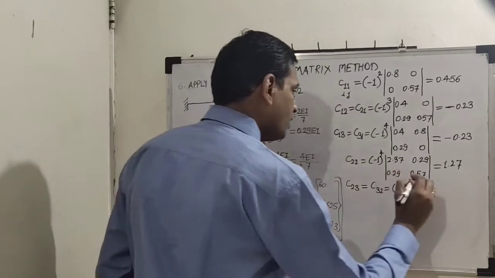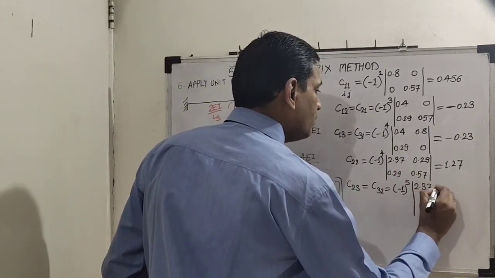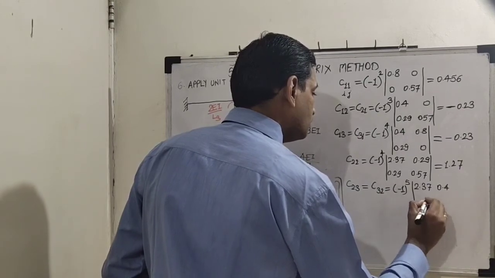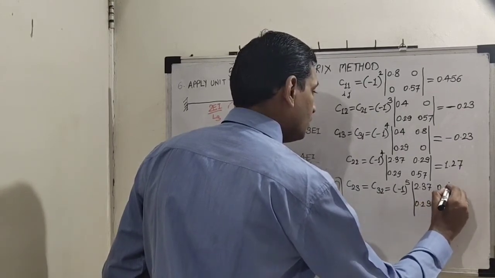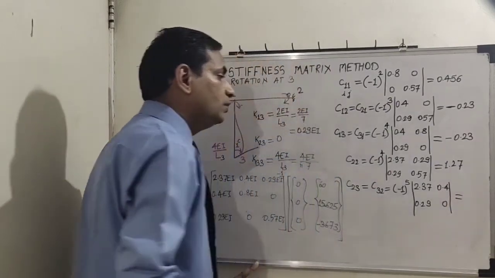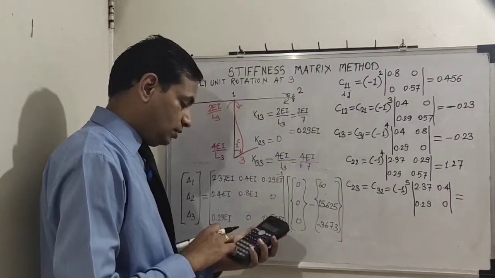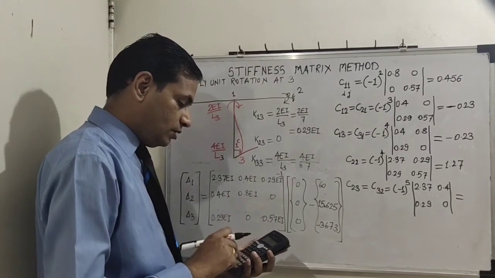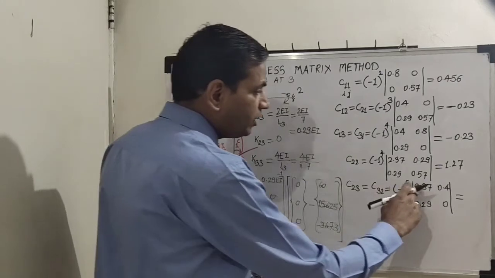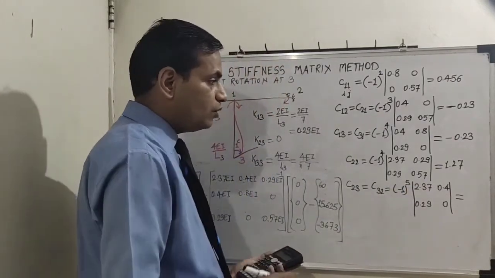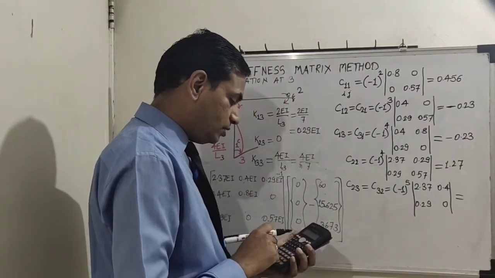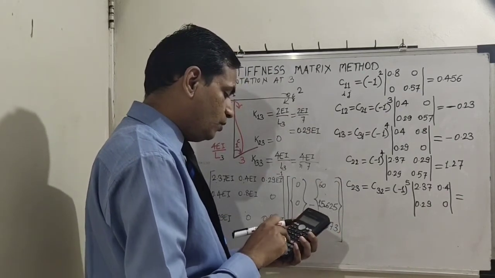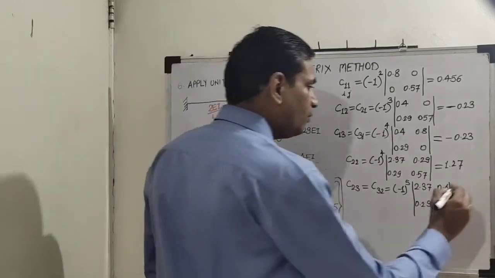So 2.37, 0.4, 0.29 and 0. So it will be minus 1 raised to 5 is minus. Okay, so minus 2.37 into 0 is 0. So minus in bracket 0 minus 0.4 into 0.29. So it is 0.12.